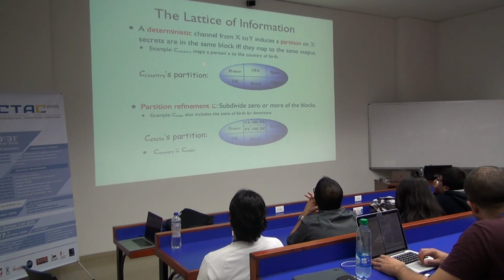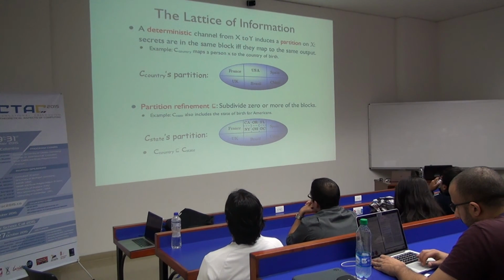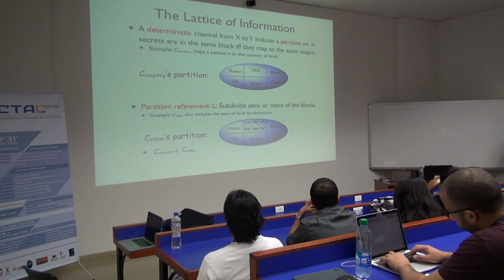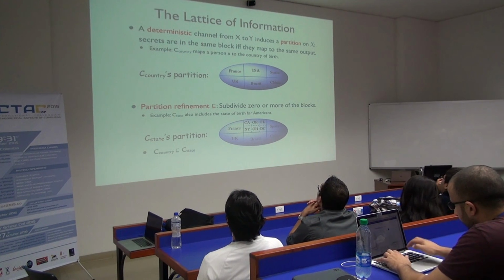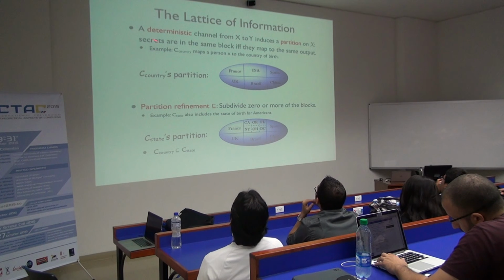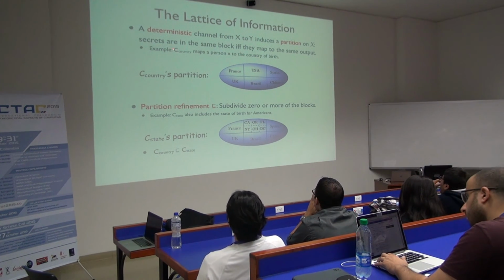Okay. So for instance, imagine a country channel that maps a person to the country of birth. So this channel takes as an input a person, right? So now you have an analytic system where secrets are people that could send messages on a network, and then for some reason this channel outputs the country of birth of this guy.